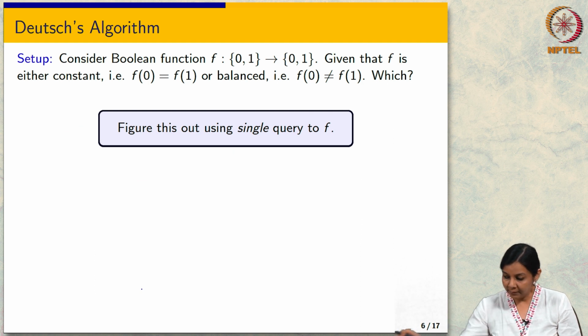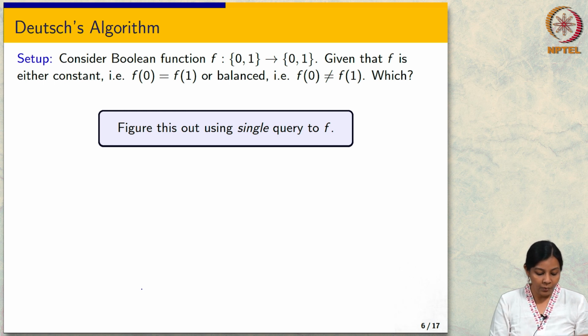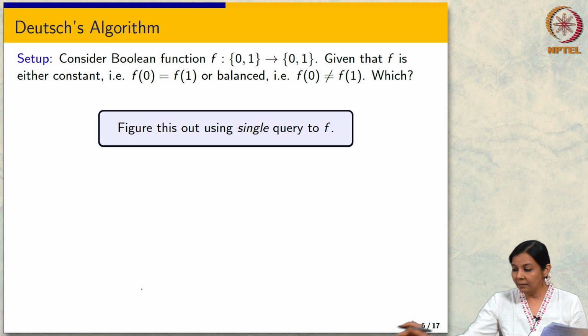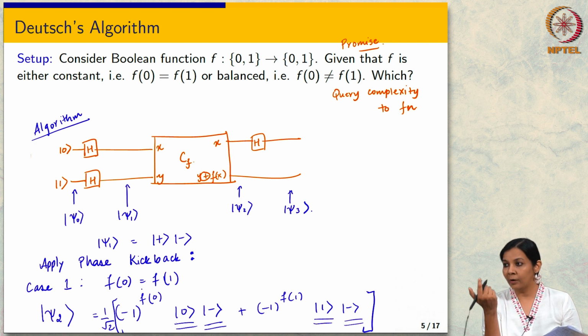I guess I already said this. Now this is the case where f(0) is equal to f(1). That means I can take out the (-1) to whatever value it is.